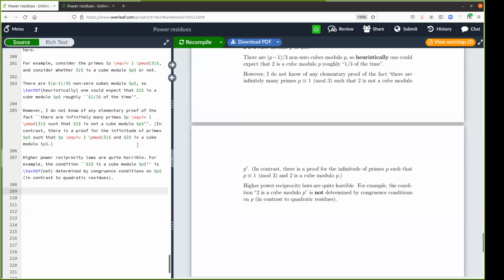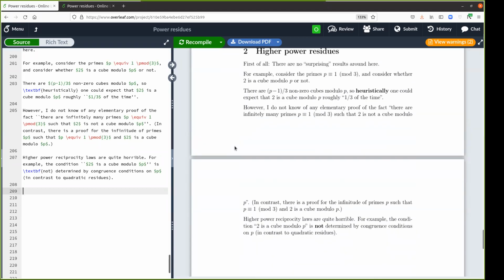But yeah, okay. To get back to what I'm going to talk about, the heuristics are quite good.